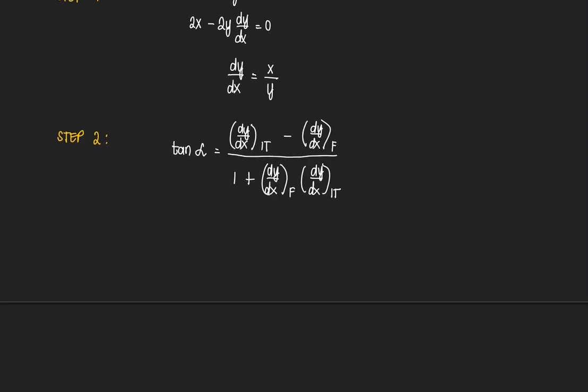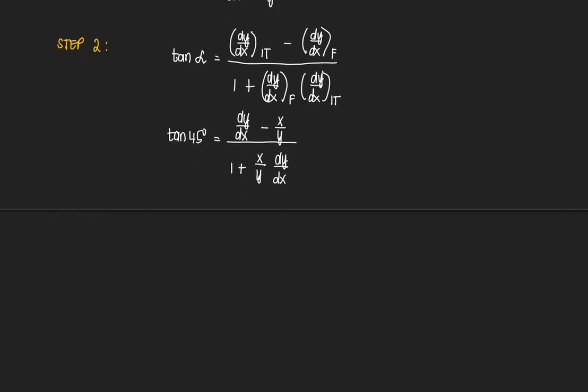Our alpha is 45 degrees, so tangent of 45 degrees is equal to dy/dx minus our dy/dx of the family, which is x over y, so minus x over y, over 1 plus x over y dy/dx.